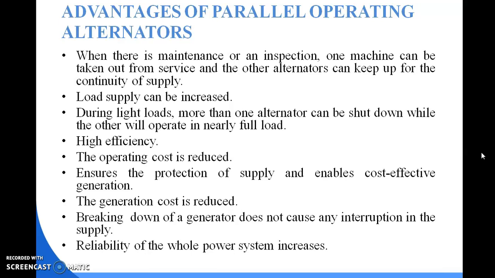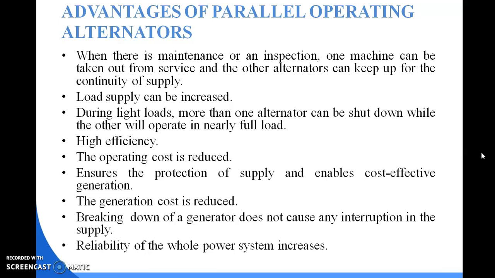Next is higher efficiency. Next, the operating cost is reduced by parallel operation of the alternators. Next, it ensures the protection of supply and enables cost-effective generation. The generation is very much less costly.